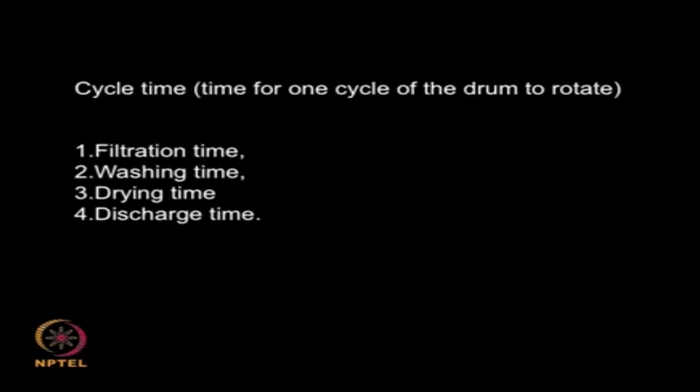So this process goes on and on. Okay. So the cycle time, that is the time taken for the drum to start from the slurry tank, go round and finally reach the slurry tank, is made up of 4 steps. One is called the filtration time, second is the washing time, then drying time, and finally the discharge time. All these add up to get a cycle time.